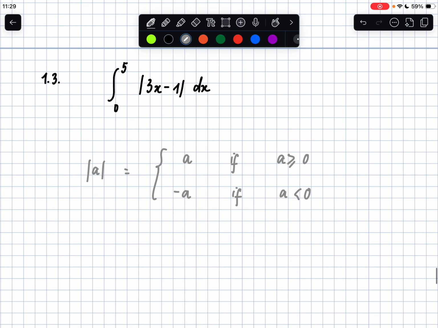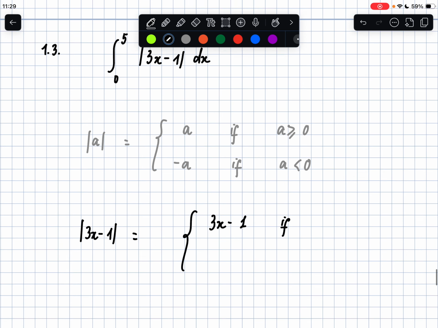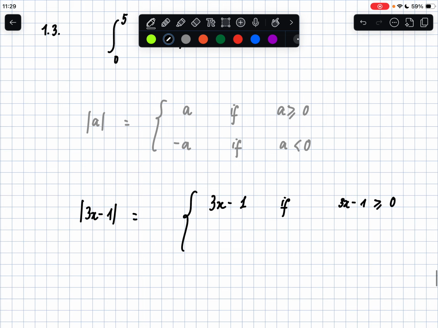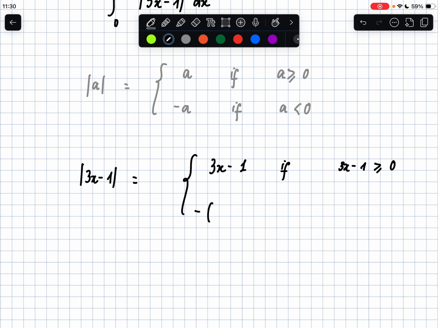So with that, the absolute value of 3x minus 1 is equal to itself, 3x minus 1, if it is non-negative, 3x minus 1 greater than or equal to 0, and equal to minus (3x minus 1) if 3x minus 1 is negative. So a, you think of that here as 3x minus 1.